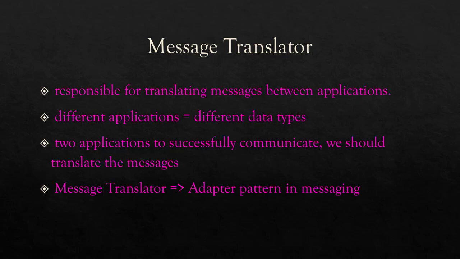The message translator is responsible for translating messages between applications. This ensures compatibility between applications that support different data types. Different applications typically use different data types. Therefore, for two applications to successfully communicate, we should translate the messages that pass from one application to the data type compatible with the receiving application.